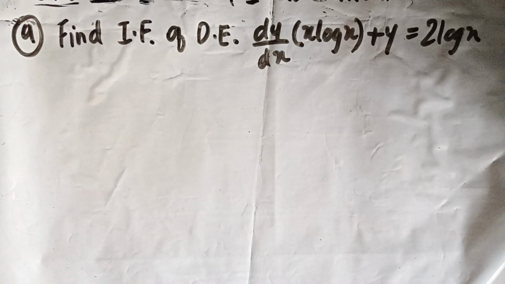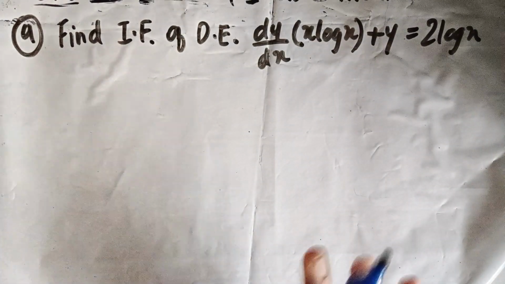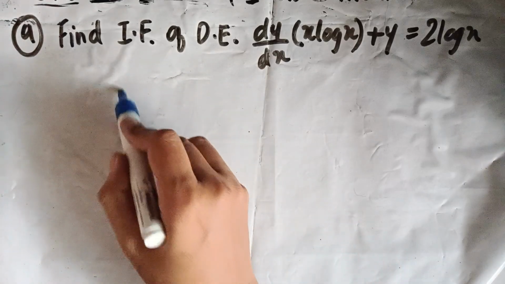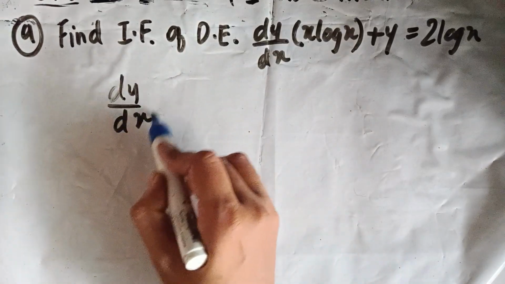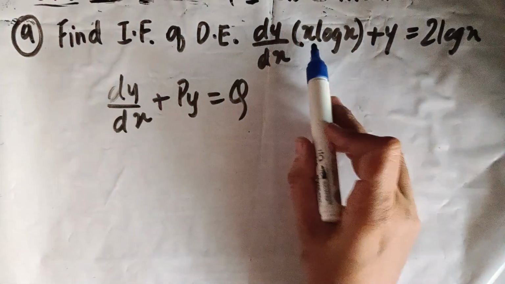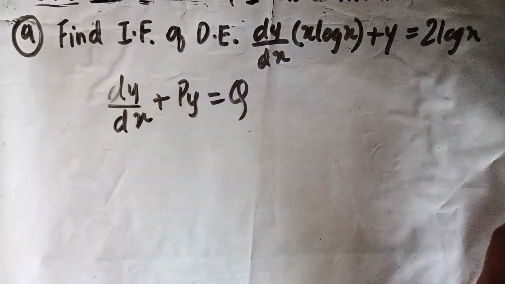Next question, you have to find the integrating factor of the differential equation x log x dy by dx plus y equal to 2 log x. So first you have to write that differential equation in the standard form, that is dy by dx plus py equal to q, right? So here x log x is there, so you have to divide by x log x throughout the equation.